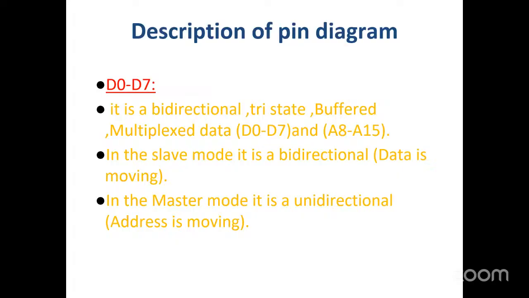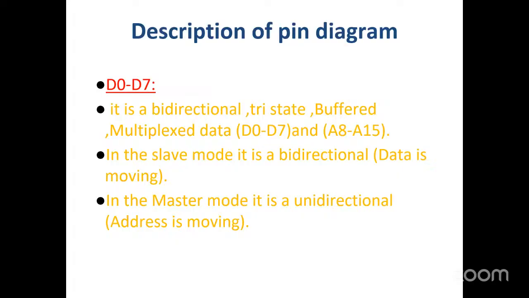So here also, in the slave mode, that means if the DMA controller is working under slave mode, when does it work as slave mode? Once the connection is established and before... when 8257 functions as a slave and when it acts as a master.